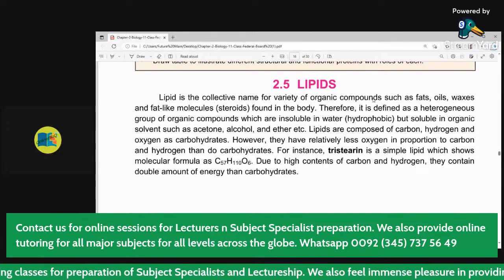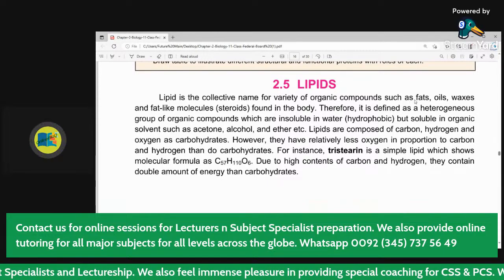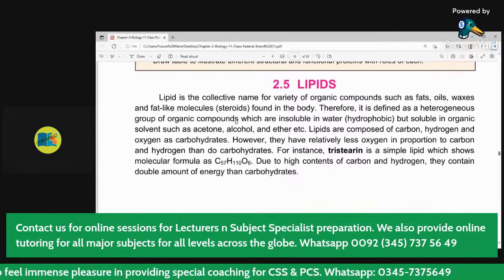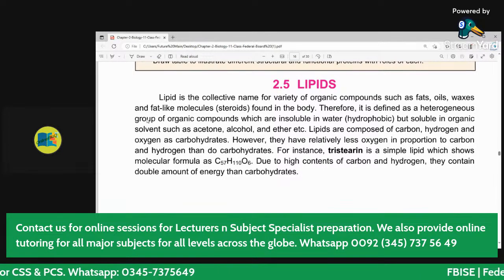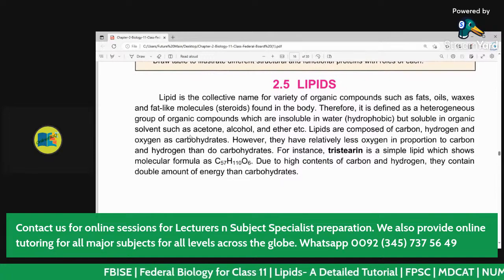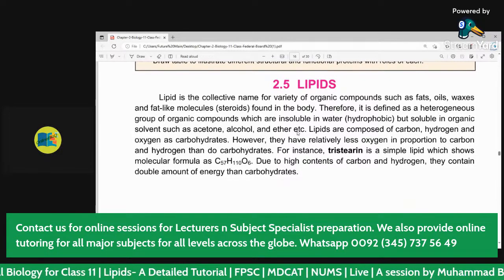This variety includes examples such as fats, oils, waxes, steroids, etc. Therefore, it is defined as a heterogeneous group of organic compounds which are insoluble in water but soluble in organic solvents such as acetone, alcohol, and ether, etc.